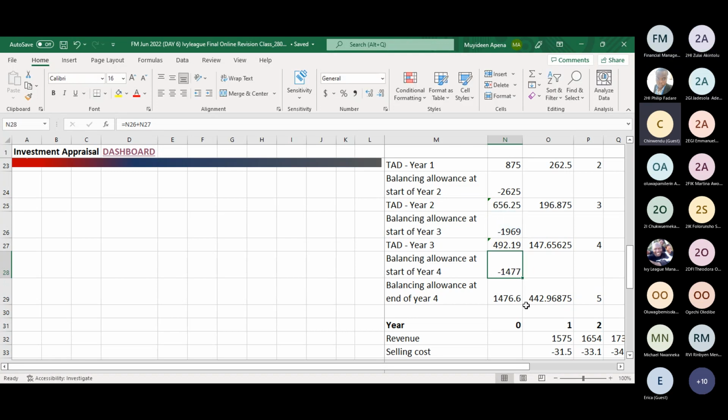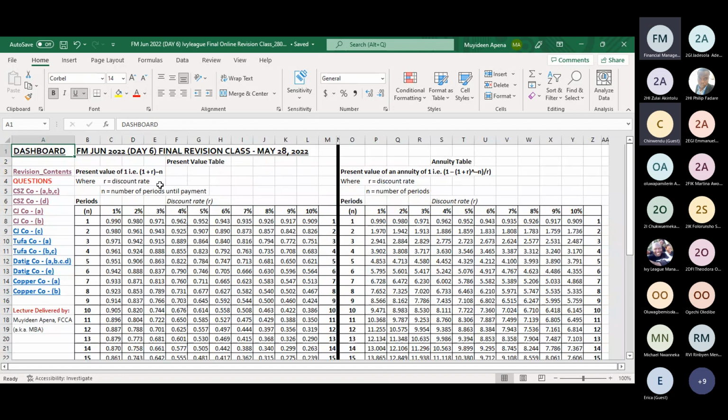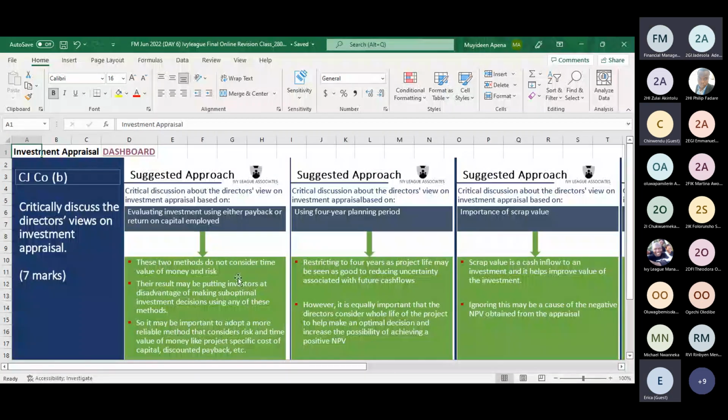Okay, I've got it. Any other question? Okay, so there's no question. Let's move to the B part. After I've sent this also to you, it says critically discuss the directors' views on the investment appraisal.